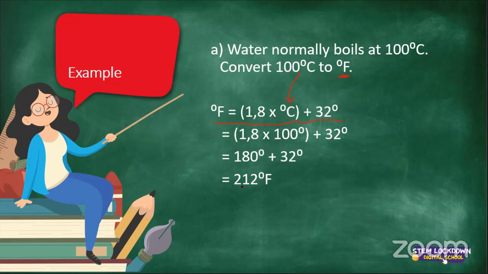If you add those two, you get 212 degrees. Be careful that your units are what is required. Some learners will say 212 degrees Celsius and get it wrong. So be careful that you have the correct units.